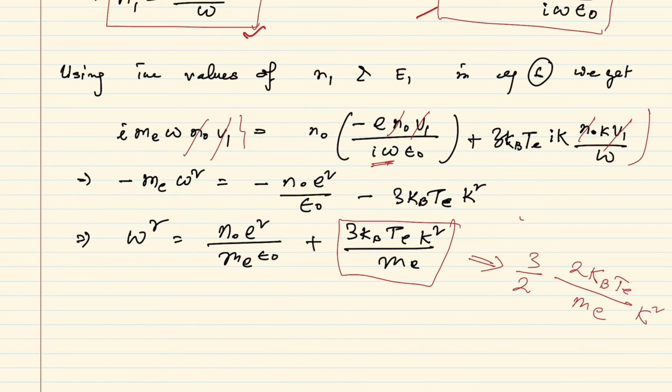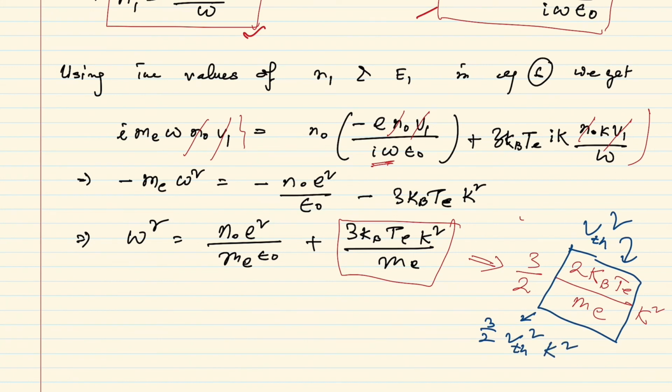Here you see this part is nothing but thermal velocity v th square. So we can replace this, then you will get 3 by 2 v th square k square.